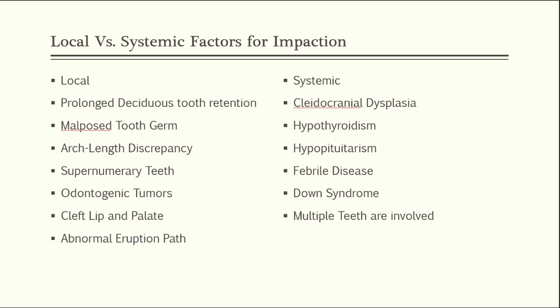Now, systemic factors like cleidocranial dysplasia, hypothyroidism, hypopituitarism, febrile disease, Down syndrome, Gorlin-Goltz syndrome, with cysts, of course, and Gardner syndrome. We have multiple impacted teeth in these syndromes, and usually multiple teeth are involved.